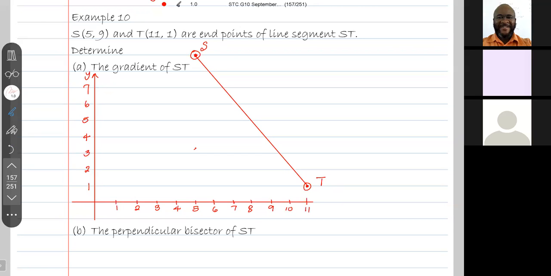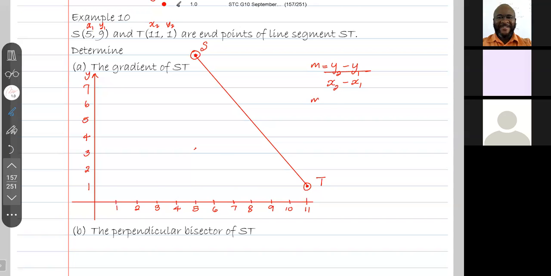All right, so the next thing I'm asked to do is to calculate the gradient. The formula for the gradient m is equal to (y2 minus y1) over (x2 minus x1). For the purpose of the formula, this is my (x1, y1) and my (x2, y2).